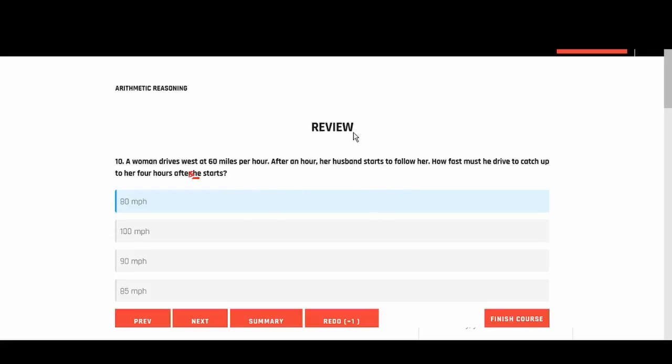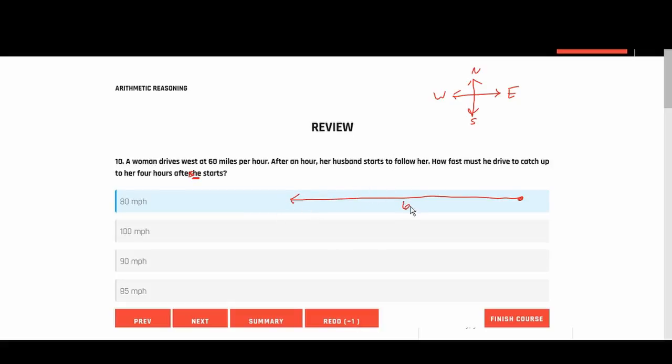So a woman starts leaving. Again, we have directions, so let's go ahead and do this real quick. This is north, south, east, and west. Again, we're told she heads west, which is this direction.